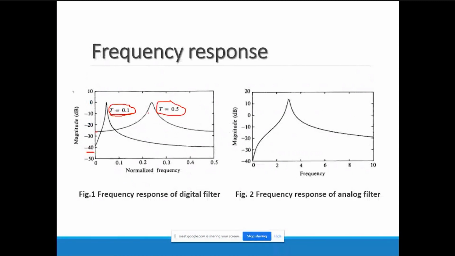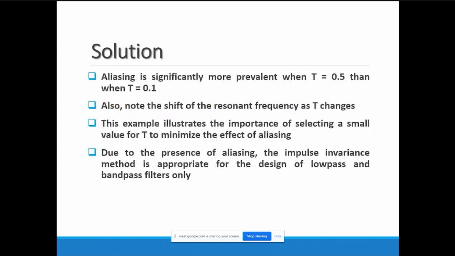Here this is clearly visible. When I take t is equal to 0.1, my resonant frequency is at this location. Here I get the resonant frequency shifted to another location. Resonant frequency simply means you get the peak value at that particular frequency. This example illustrates the importance of selecting a small value of t to minimize the effect of aliasing.